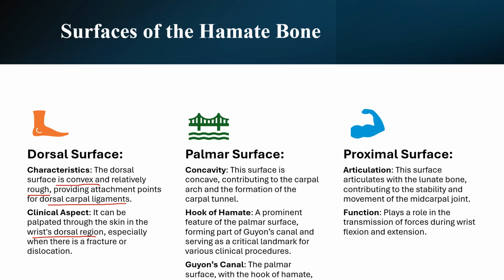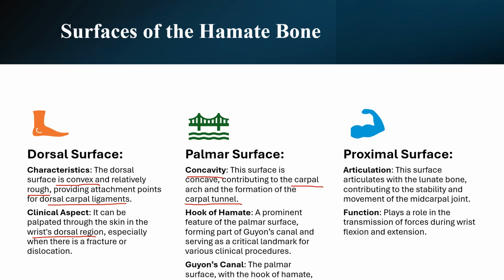When we see the palmar surface of the hamate bone, we find that it has a concave structure. In the dorsal surface, it is convex and rough, but in the palmar surface it is concave, and it contributes to forming the carpal arches and the carpal tunnel.